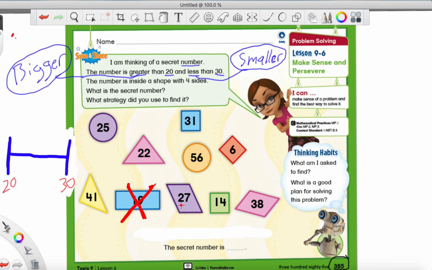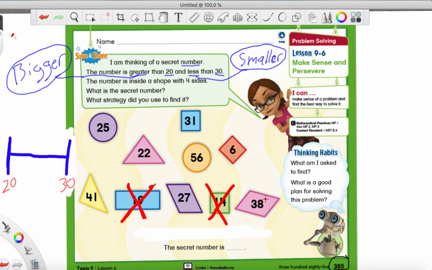What about 27? Is that in between? It is, so we can't cross that one out. How about the number 14? Is that in between 20 and 30? No, because it's going to be way, way back there behind the 20. So it's not going to be anywhere on this little number line. So we can get rid of the number 14 too.